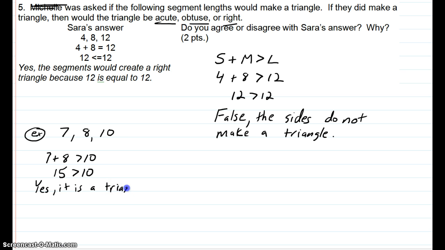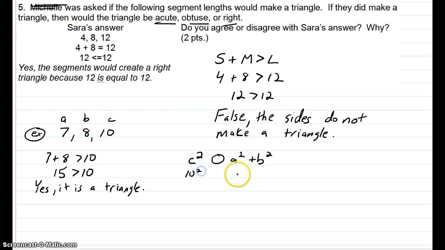And now what we want to do is see what kind of triangle. To do that, we use the formula c squared, and we compare it to a squared plus b squared. Since they're in order, a, b, c, always put them in order, and c is always the longest side.